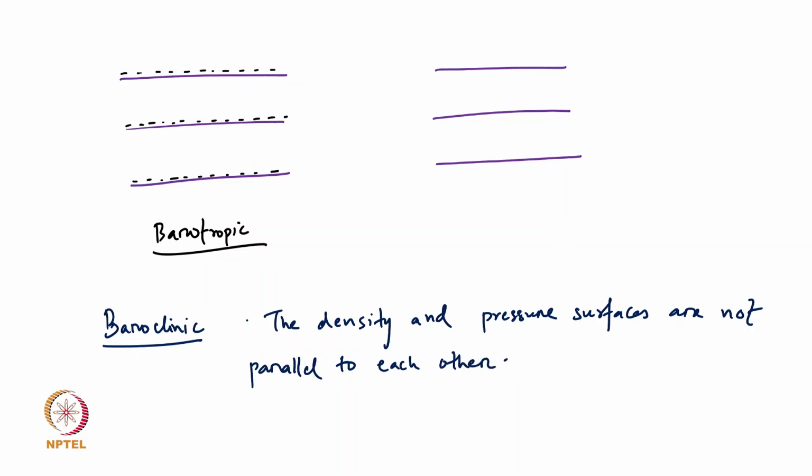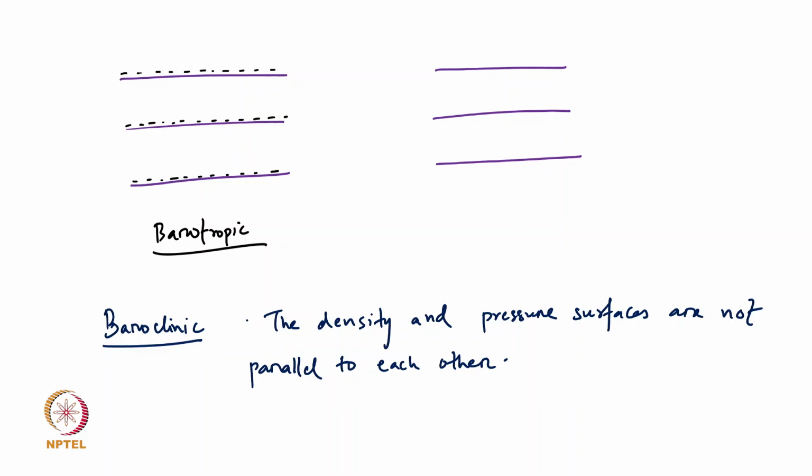So if it's not barotropic, it is baroclinic, and you can now imagine the situation where this is true. The density is not only a function of pressure, but it is a function of other quantities in the flow, for example the temperature or the salinity.